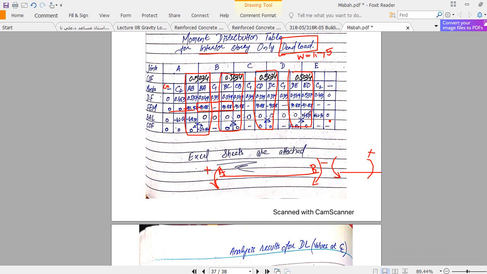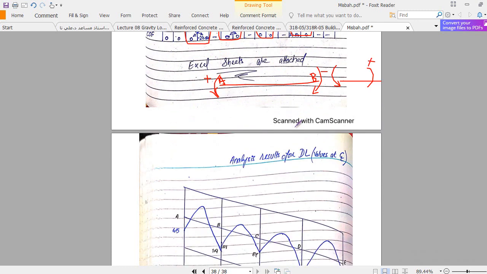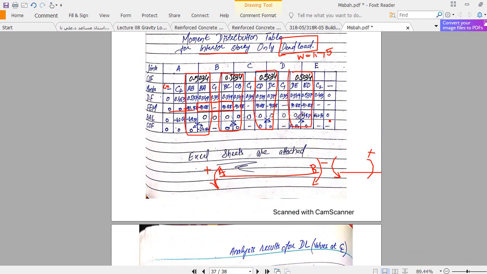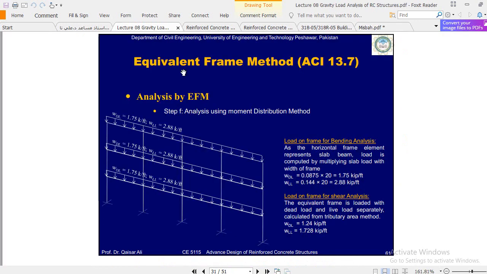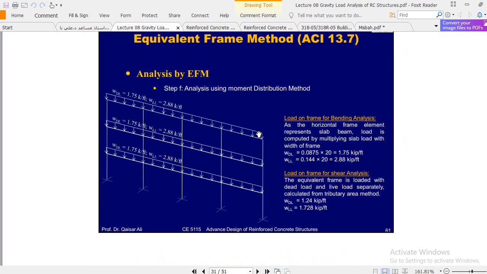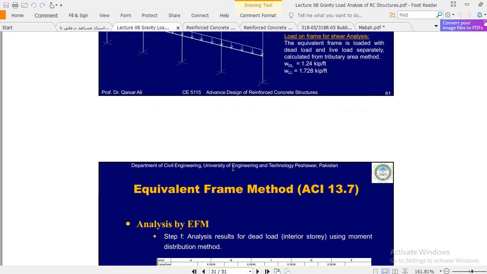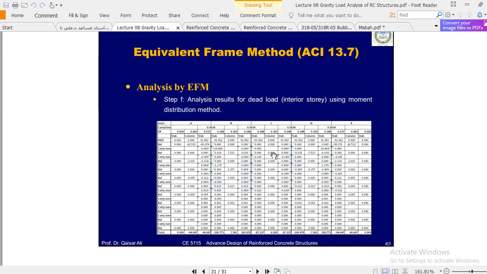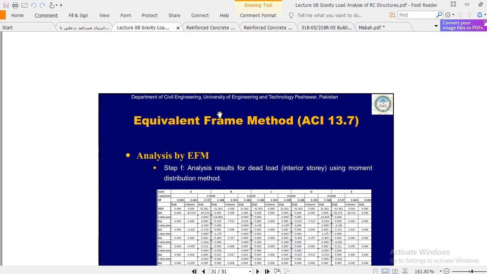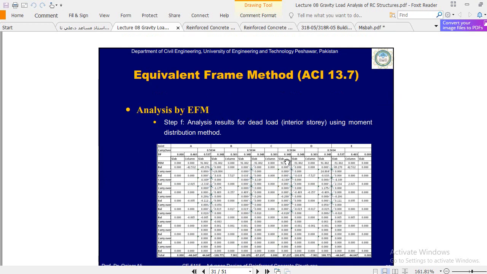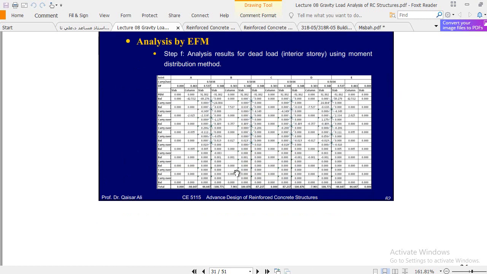Now after the calculation, let me show you here. We already calculated these loads and we just show the loads. Now after showing the loads and the calculation of distribution, this is the final moment distribution table.